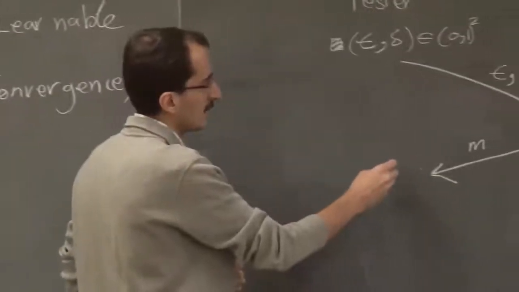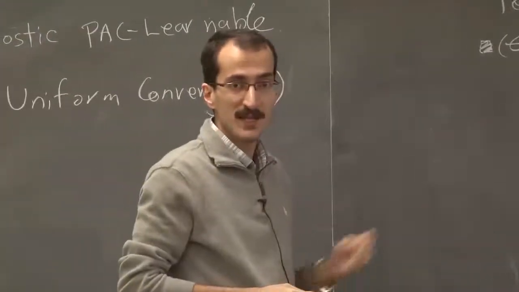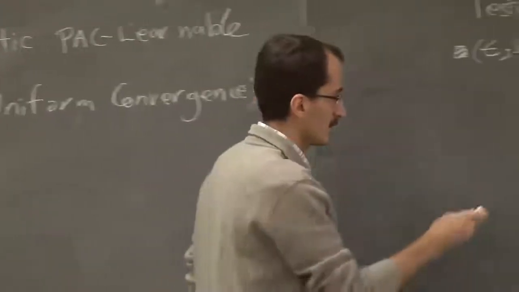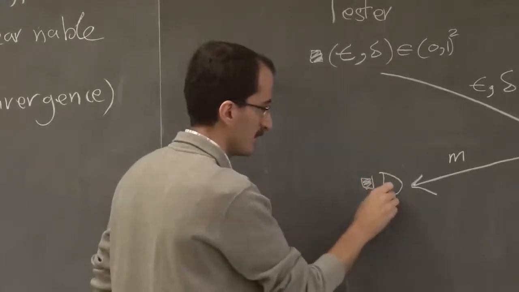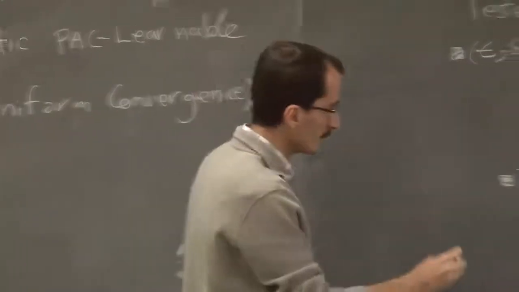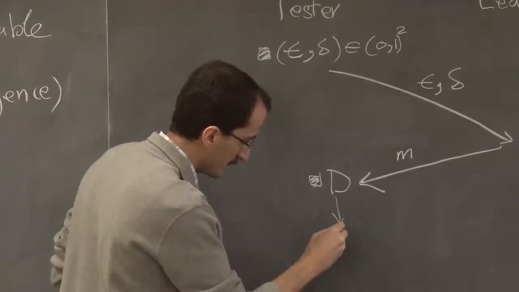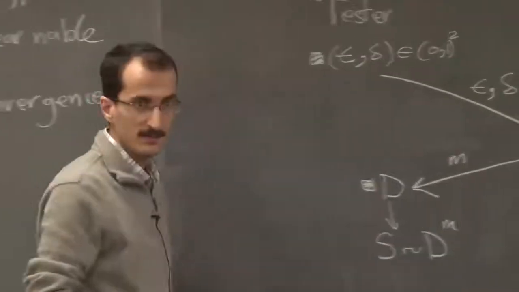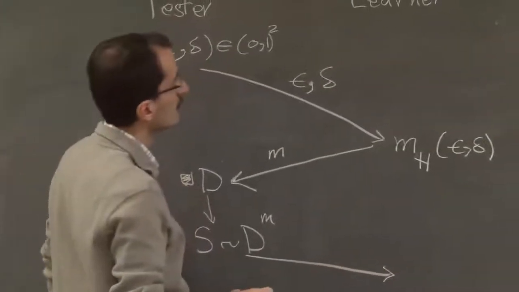And then the tester decides which distribution to use to challenge the learner. She can pick anything. Let's say she picks D, a distribution over the domain and 0 and 1. Then in the next step, she draws a sample of size M from that distribution IID and gives it to the learner.